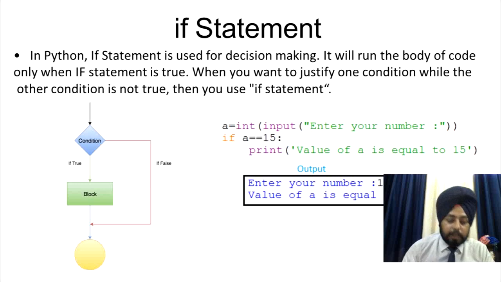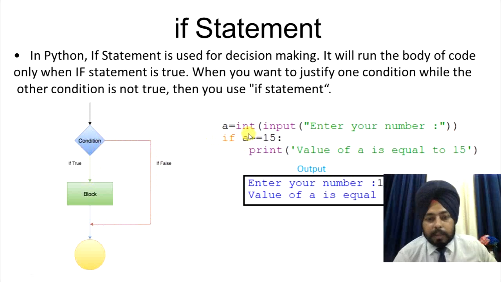The example is given here. The condition is passing through this, and if the condition is true, then it will pass to the block, right? If the condition is not true, then it will pass through the other way, right?